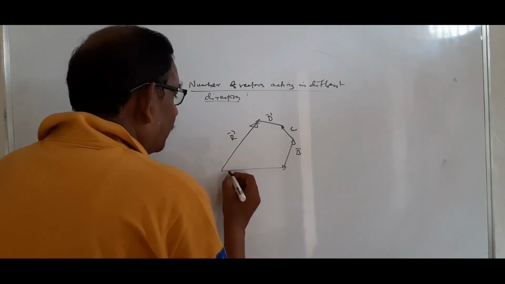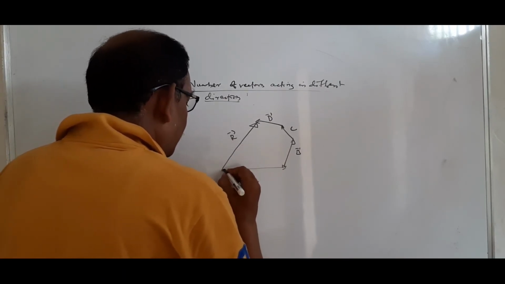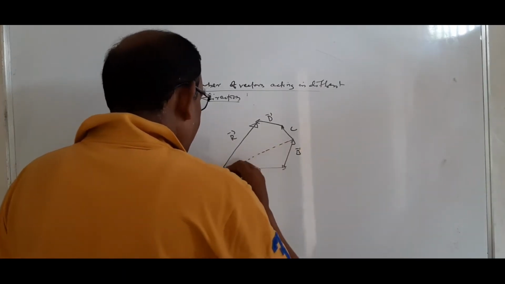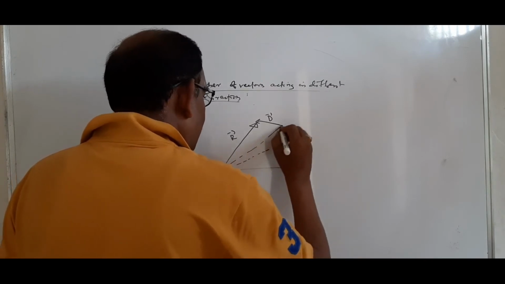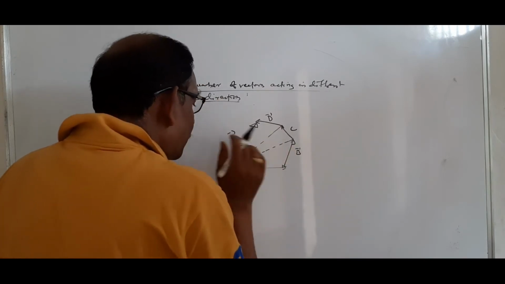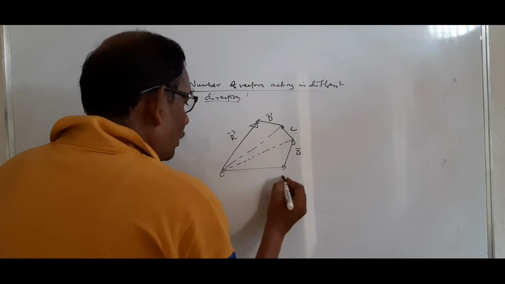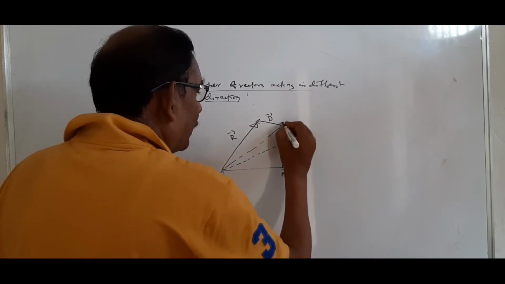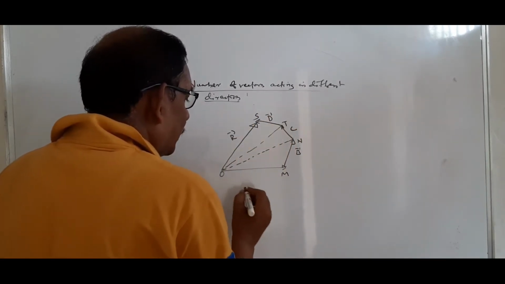So how to determine the resultant? To form a triangle like this. It is O, M, N, T, S, suppose that.